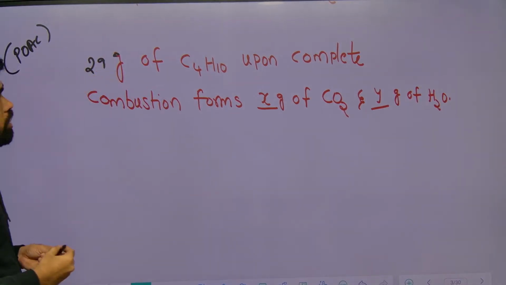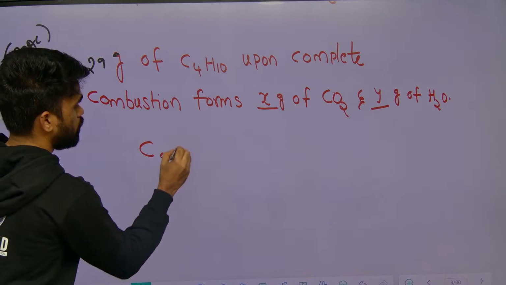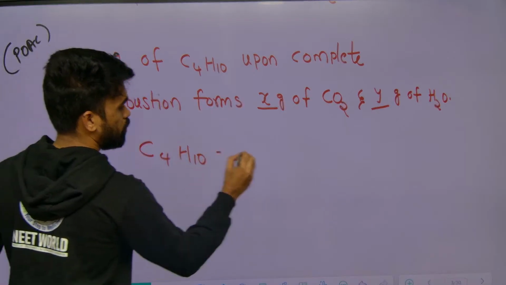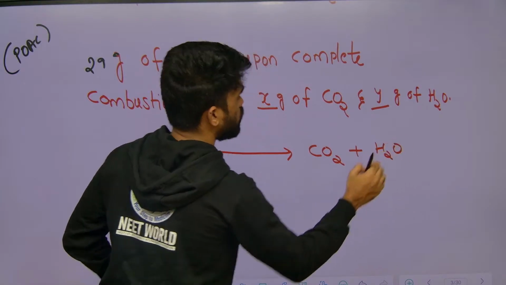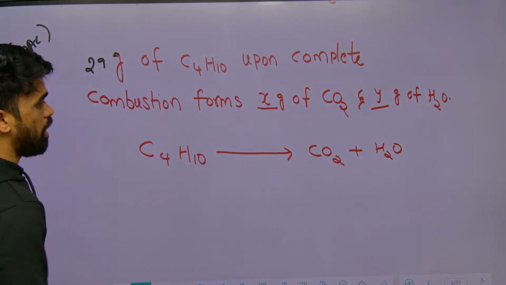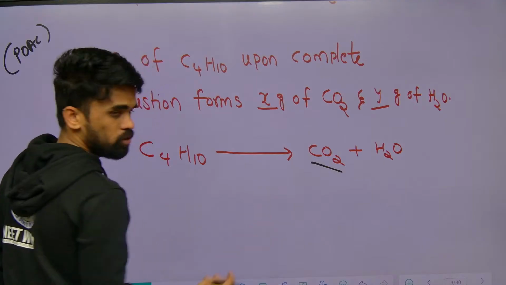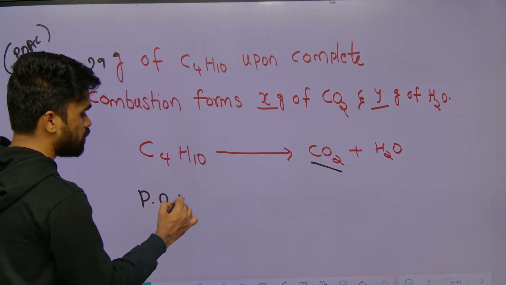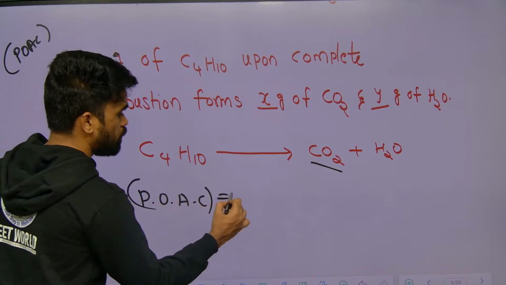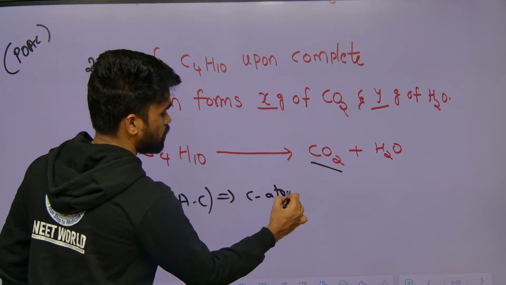Okay, so check what we know. Butane combustion produces CO2 plus water, but no need of balancing the equation. I am asking about the weight of CO2 formed. What should I do? I should apply POAC on carbon atoms.